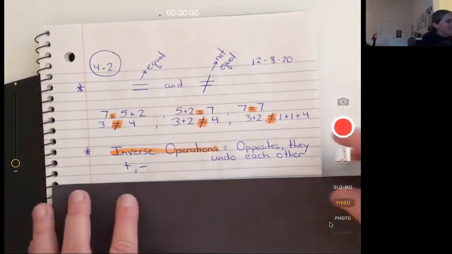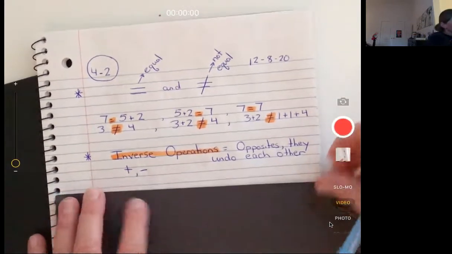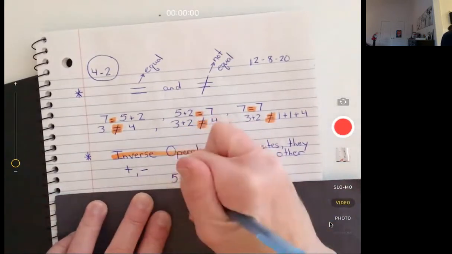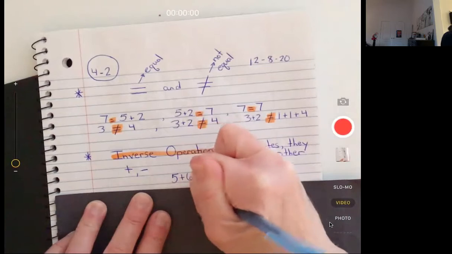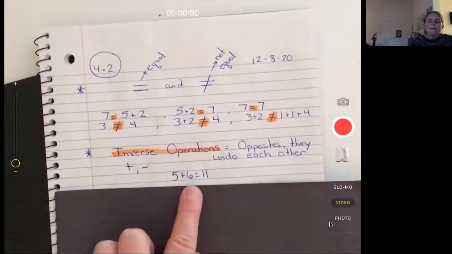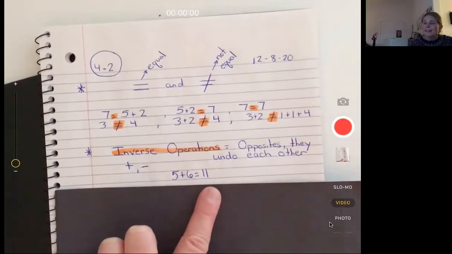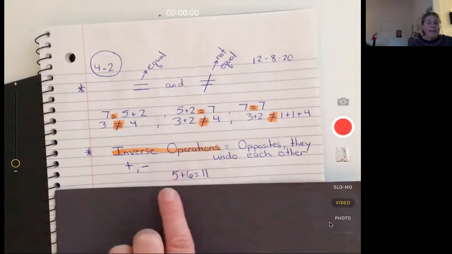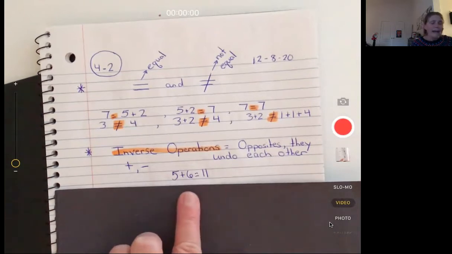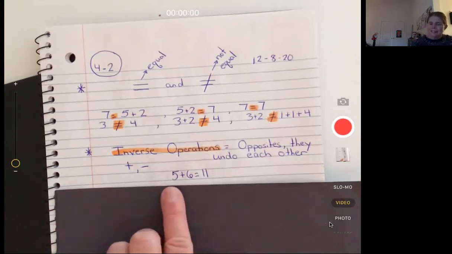If I add two numbers together, for example, 5 plus 6 equals 11, that's my sum. Now, if I'm using the same fact family, I can take my sum, subtract an addend, and I can get the other addend.